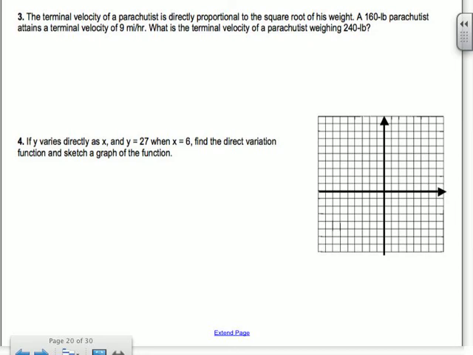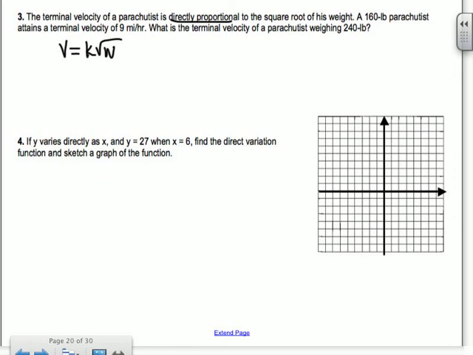All right, so the terminal velocity of a parachutist is directly proportional to the square root of his weight. So when you see directly proportional, that's terminal velocity equals K times the square root of his weight, so the square root of W. That means they're all on one line.